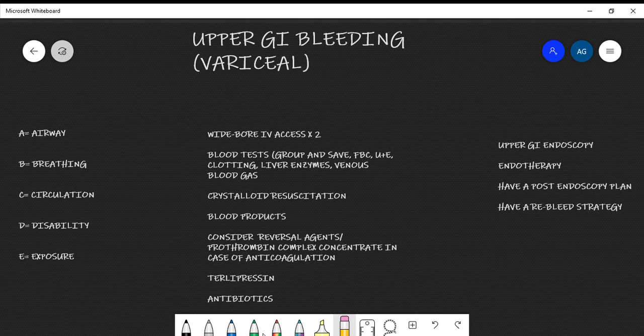It is very important before I start to understand that the management of significant bleeds, of massive upper GI bleeds, is a team sport. Okay, this is not something that an individual can manage on their own and requires close cooperation and collaboration between emergency department teams, medical teams, nursing teams, gastroenterologists, endoscopists, critical care teams, and sometimes interventional radiologists and surgeons.